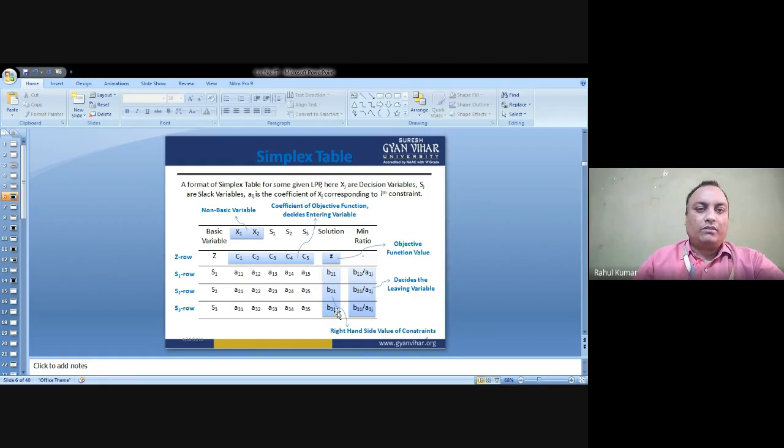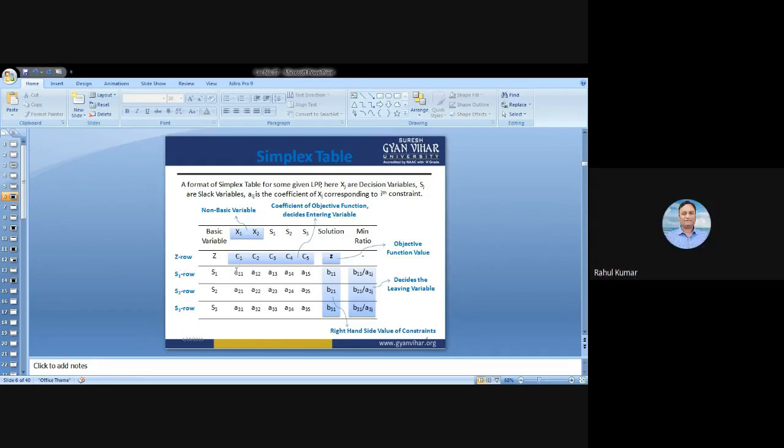So take here the minimum ratio of this function. So this is the z row. This is the s1 row, here is the s2 row, and here is the s3 row.